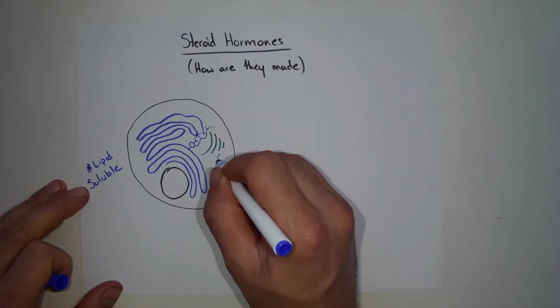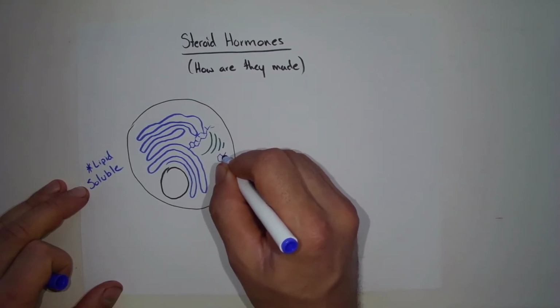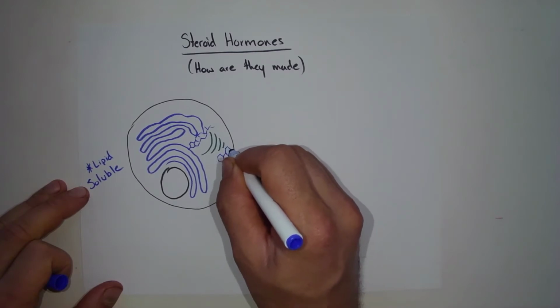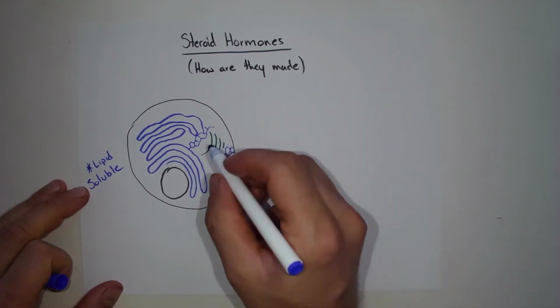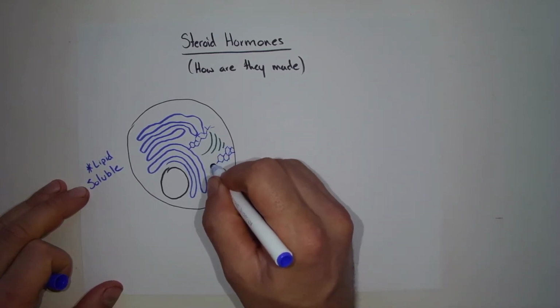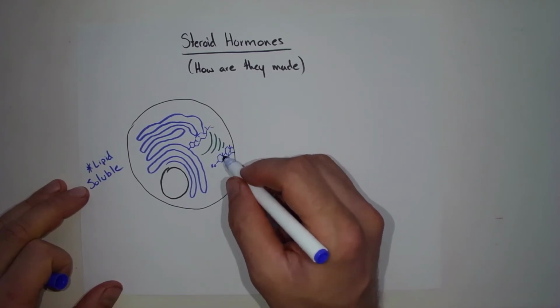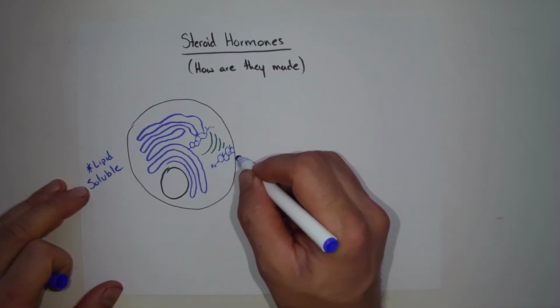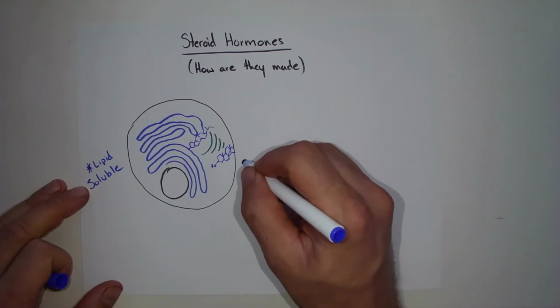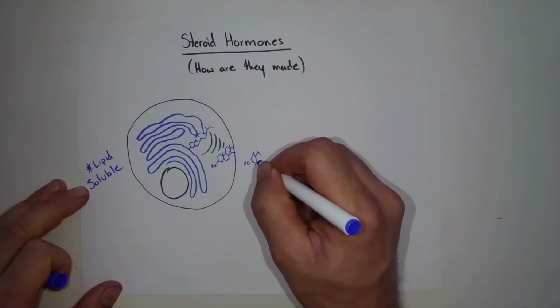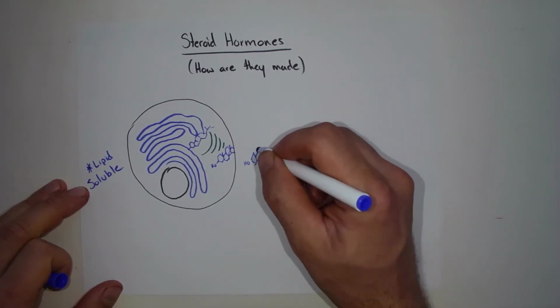When that steroid hormone arises out of the other side, it passes right through the plasma membrane because it's lipid soluble.